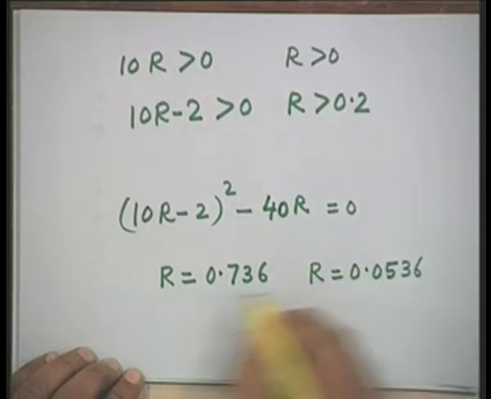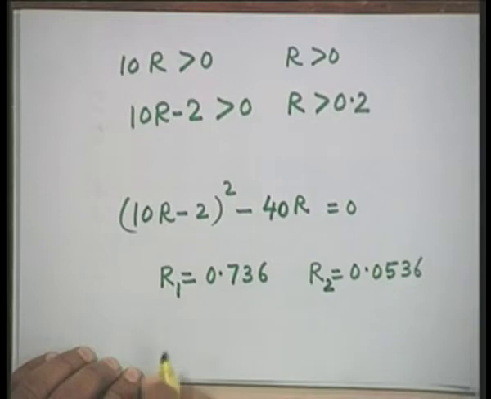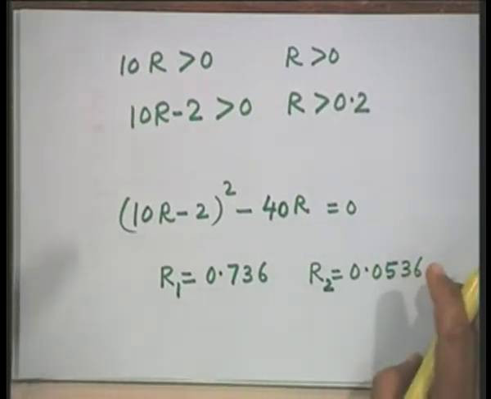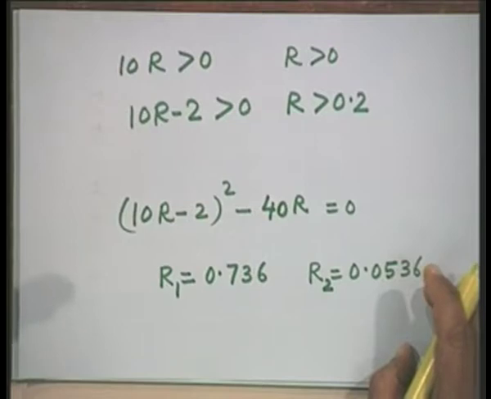Call them R1 and R2. One root says R1 should be 0.736, which means 73.6%. And R2 equal to 0.0536 is 5.36%.